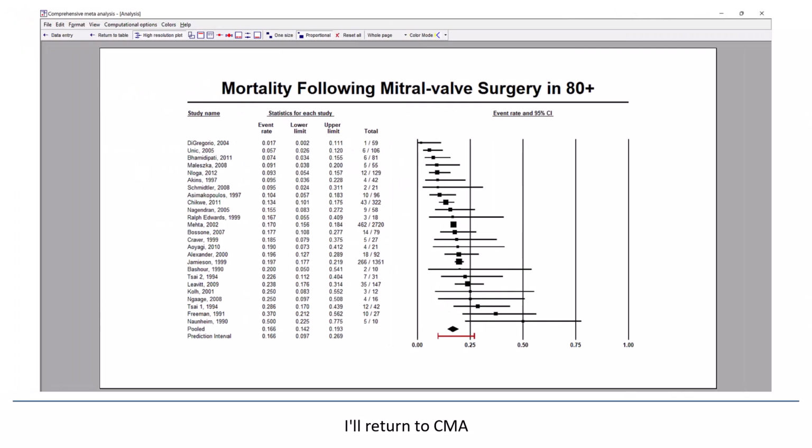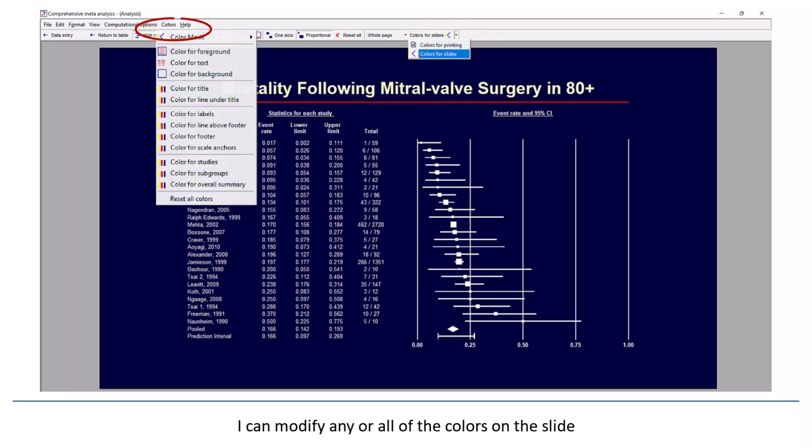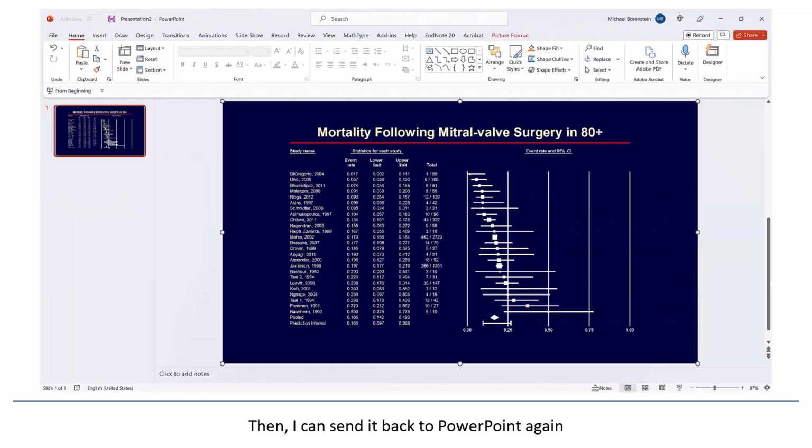Now I'll return to CMA. Back in CMA, I can choose colors for slides. I can modify any or all of the colors on this slide. And then I can send it back to PowerPoint again.